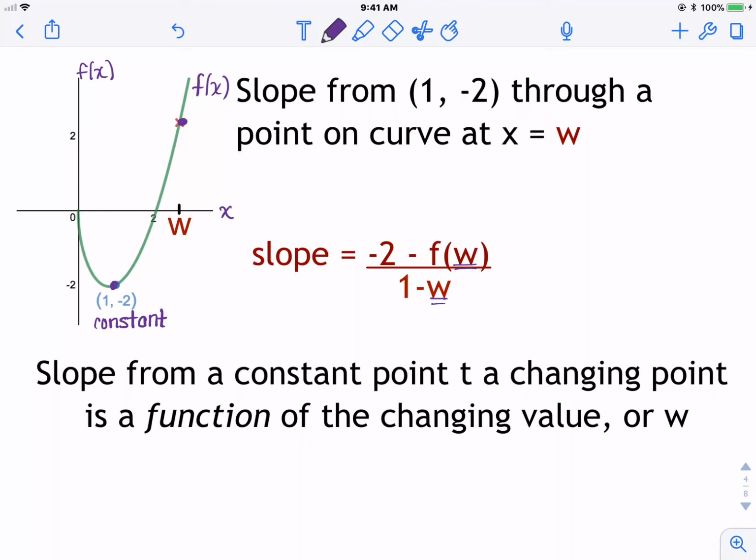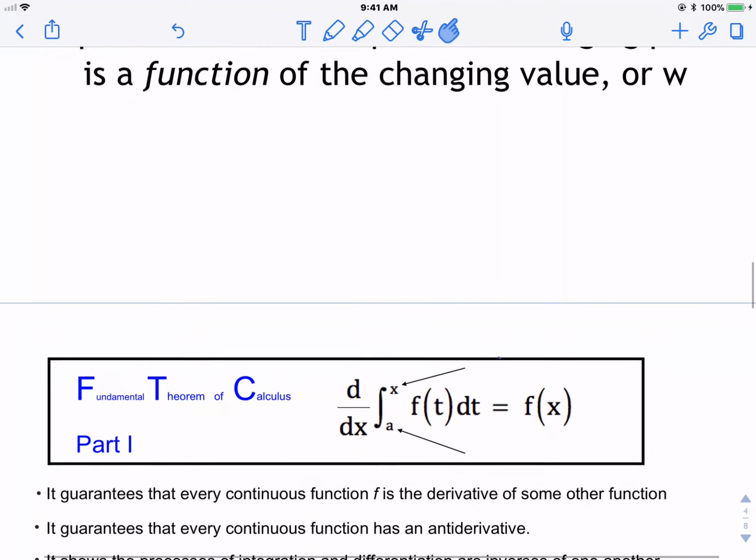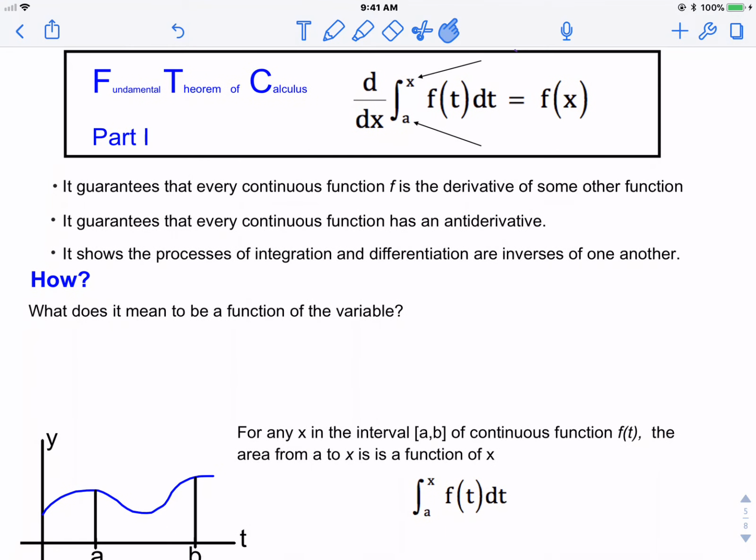So slope from a constant to a point that's changing is now dependent upon, or a function of, the value w. So as I go through and think about the fundamental theorem, I'm going to come back to this idea that we could write a function in terms of that other variable, that one that we're changing on the graph and our relationship is dependent upon.